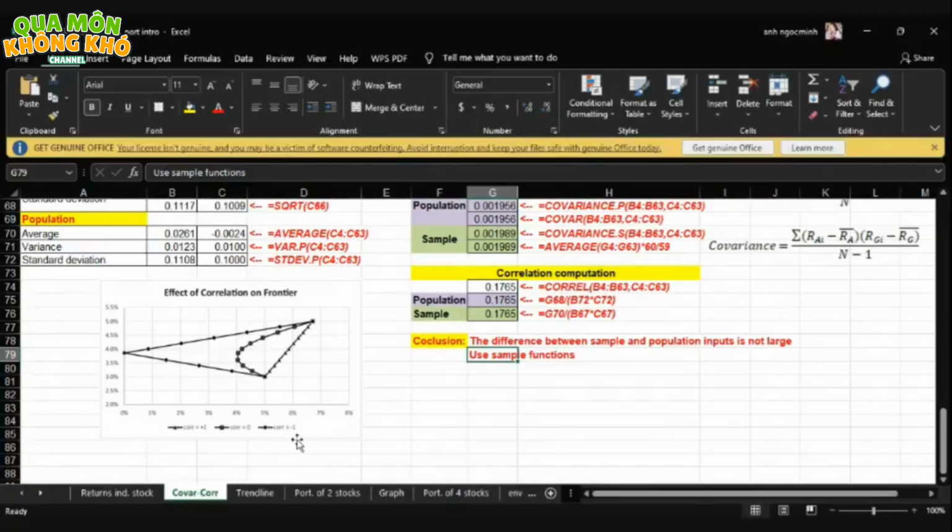In the second case, if correlation equals 0, there is no relation between the two stocks.